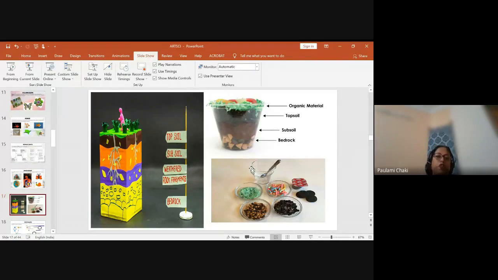They can represent soil by using toothpaste boxes. Now, the reduce, reuse, recycle concept we can introduce along with this activity. You can ask them to use boxes like toothpaste boxes, and there are many boxes which come, the cartons, small cartons.